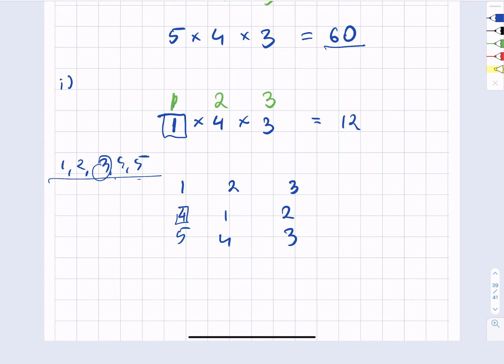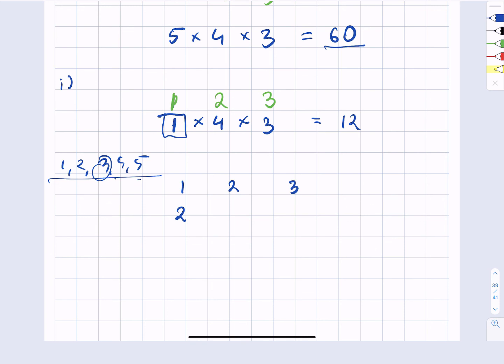So you're selecting these tiles with digits and putting them in your new number. For the first position, you can select out of 2 tiles, 4 or 5.